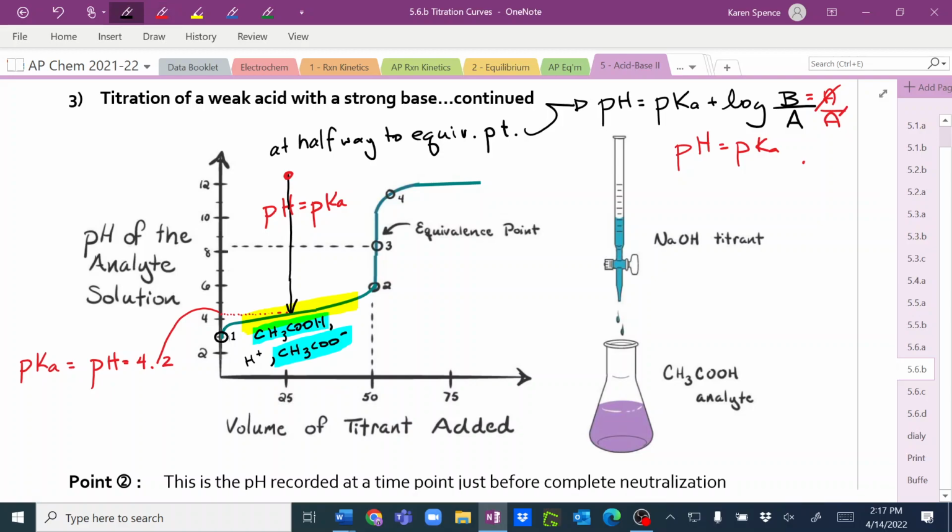And if that's the case, then our Ka is equal to 10 to the negative 4.2, which is, let's see, 6.3 times 10 to the minus 5. Now, the actual value, if you read it on your table, is 1.8 times 10 to the minus 5. But reading off a graph, you might not get super accurate results, right?